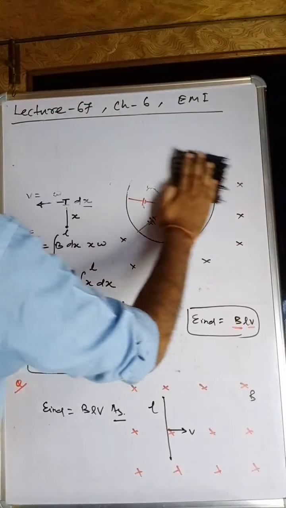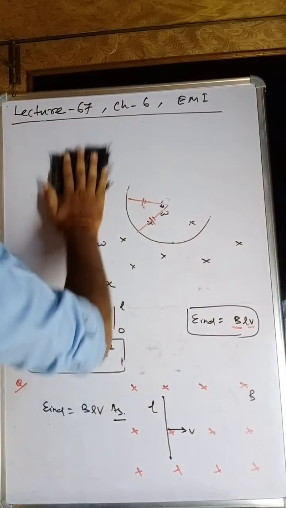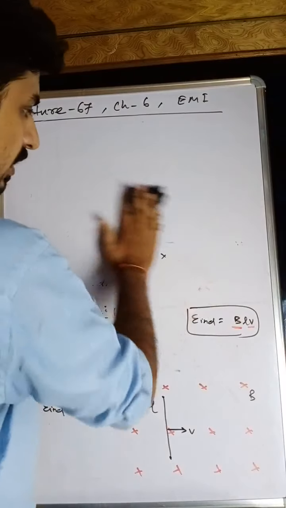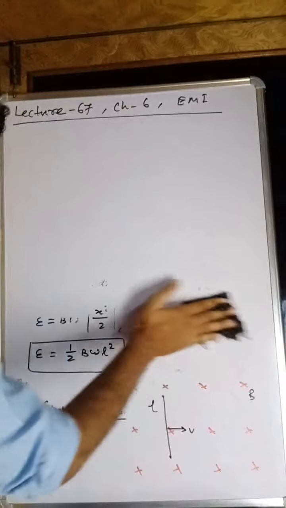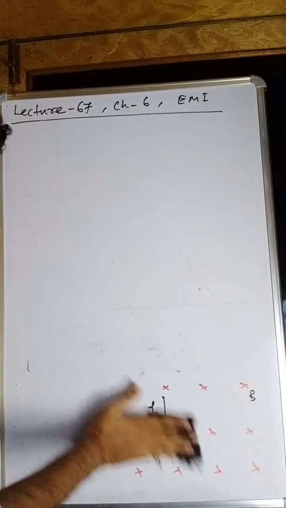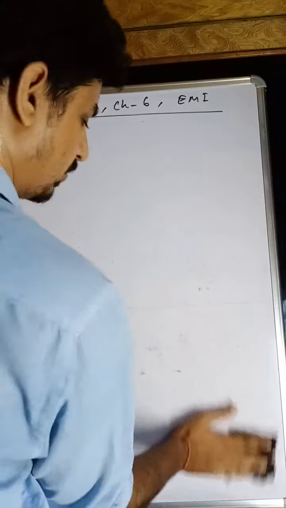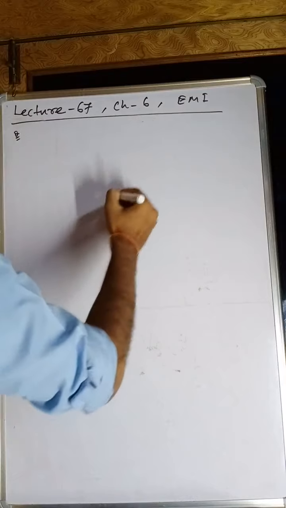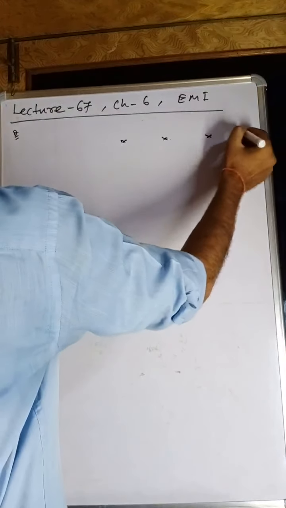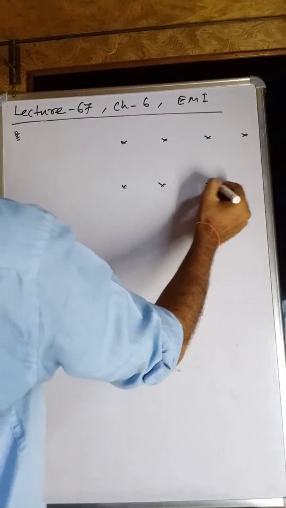Now this rod has two sections, and the two are inclined at a certain angle, in this uniform magnetic field.